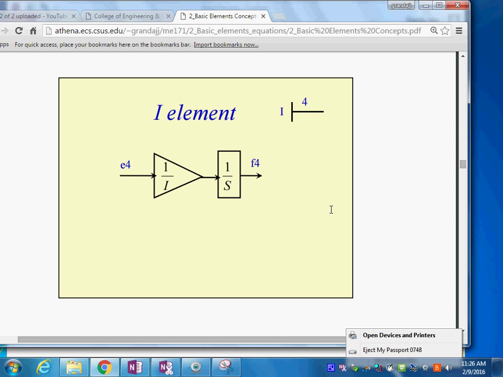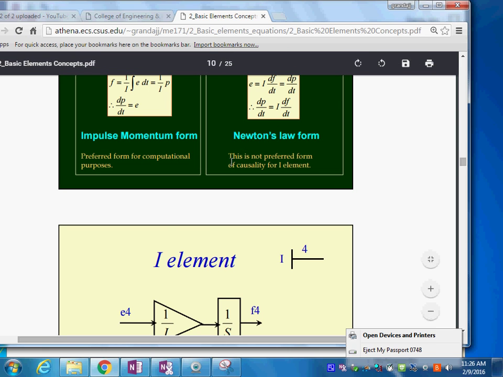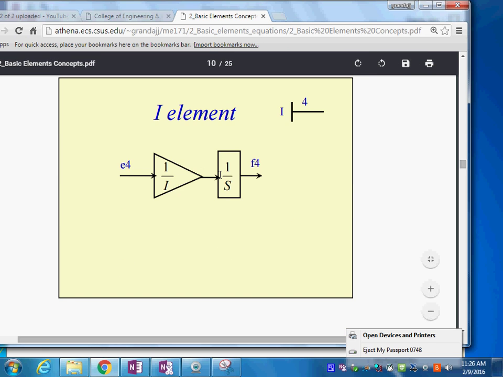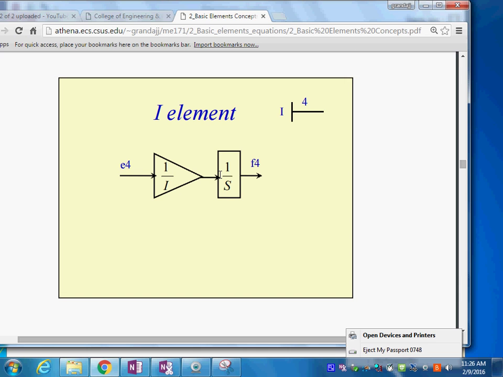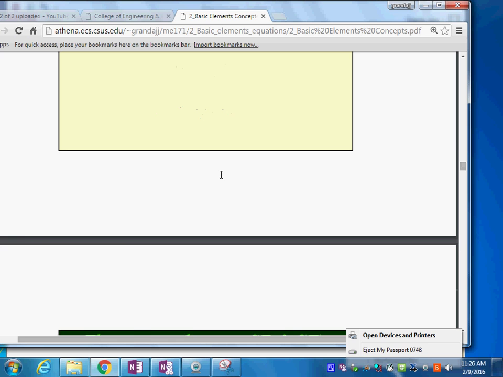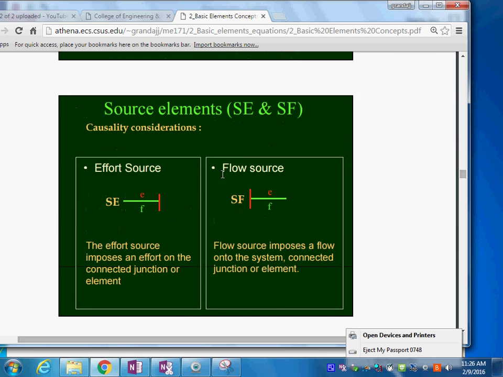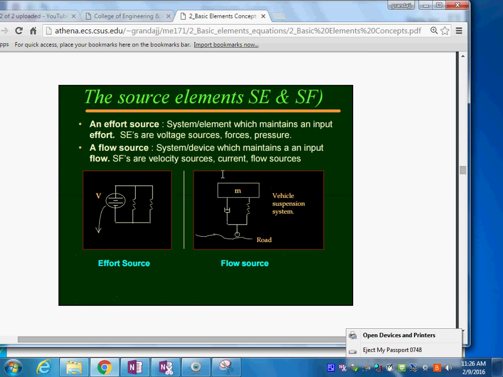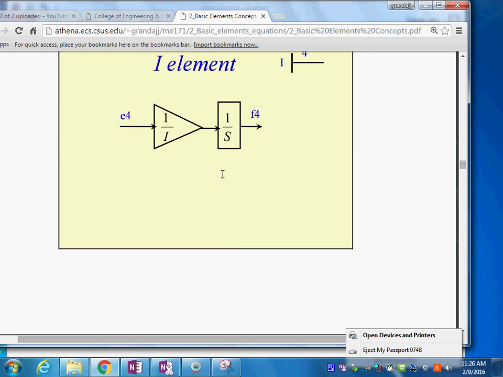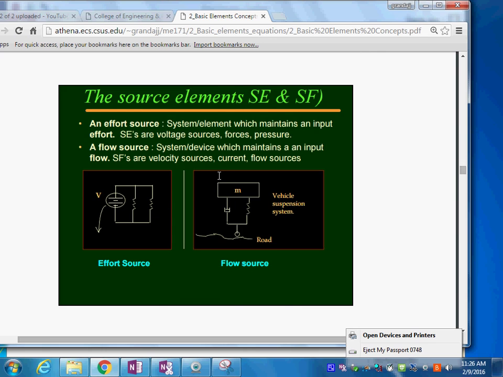What do you think? Let's say you go in a car and you go through some bumps, you feel them, but on a motorcycle it would be even more obvious. So the question is, is the ground putting in a flow input or an effort input? Is it a force or just a velocity input? What do you think?